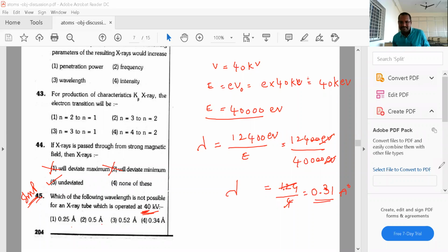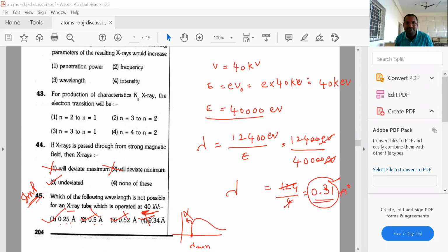These are X-rays. We know X-rays start from one particular minimum wavelength. That minimum wavelength is 0.31. Less than that is not possible. 0.34 is greater than 0.31, 0.52 greater, 0.5 greater, 0.25 is less. So this is the right answer.